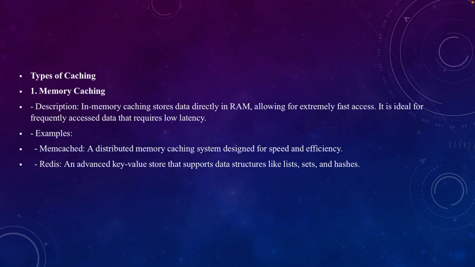So we move to types of caching, which are memory caching, disk caching, and distributed caching. In memory caching, data is stored directly in RAM, allowing for extremely fast access. It is ideal for frequently accessed data that requires low latency.